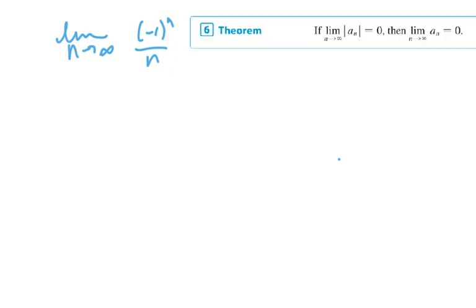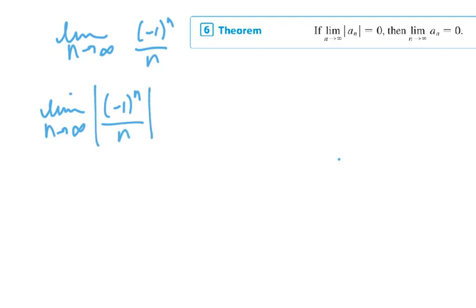This one says the limit as n approaches infinity of negative 1 to the n over n. So we know it's alternating, the negative 1, but remember the theorem we looked at? This theorem is going to come in helpful here. So let's look at the limit as n approaches infinity of the absolute value of negative 1 to the n over n.